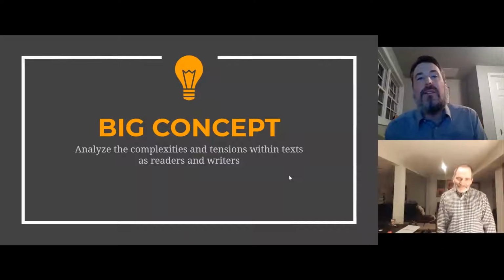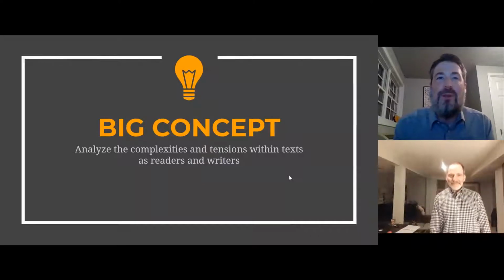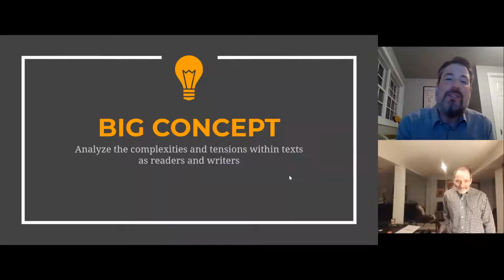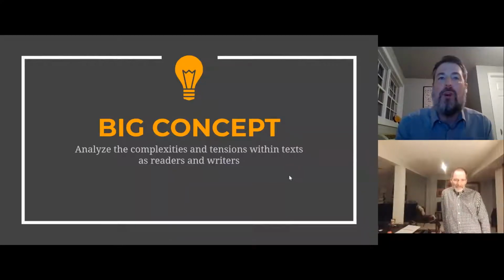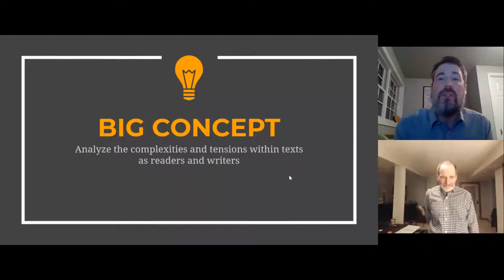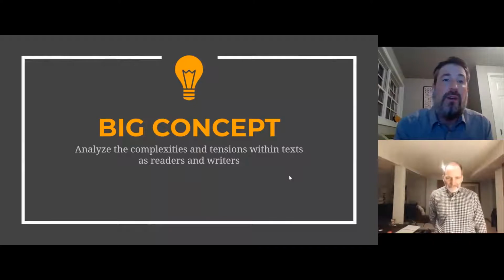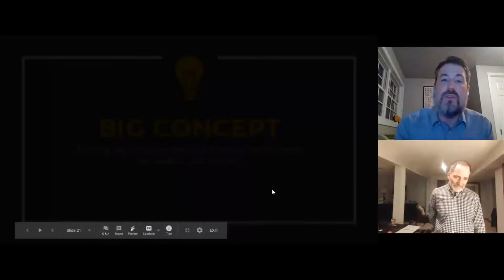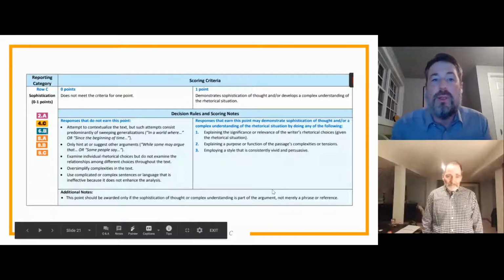And then the part that I think probably makes me most excited as a teacher of the course is digging into this concept of we're looking for complexities and tensions. We're never simplifying. We're always looking at those complications that come out of a text, whether it be a rhetorical analysis or in the arguments themselves, either the students are writing or that they're reading.